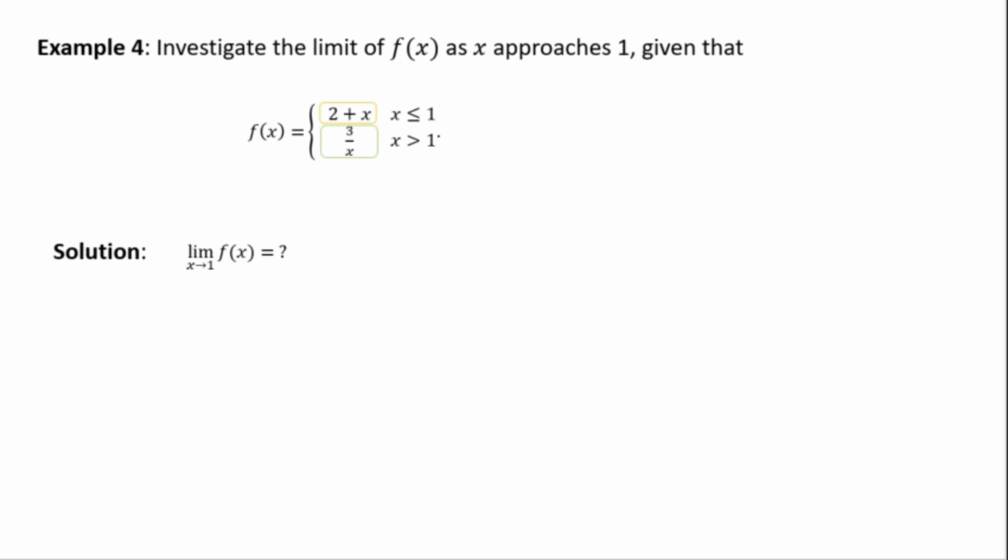Meaning, if we are to evaluate the function at any values less than or equal to 1, we will use 2 plus x. And on the other hand, for values greater than 1, we use 3 over x.